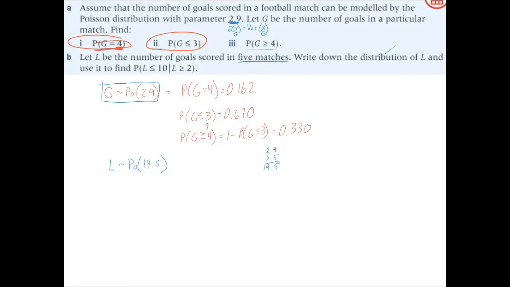This is a "given that" problem, so I'm going to use my formula: the probability of L being less than or equal to 10, given that it is greater than or equal to 2, is equal to the probability of A and B, divided by the probability of B.